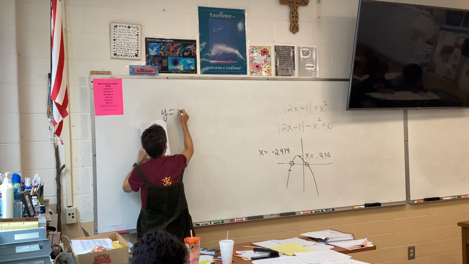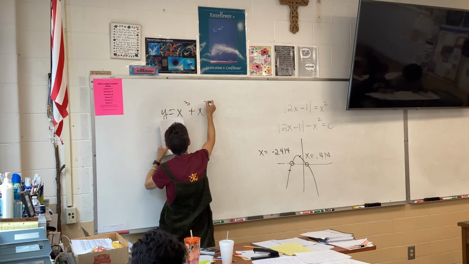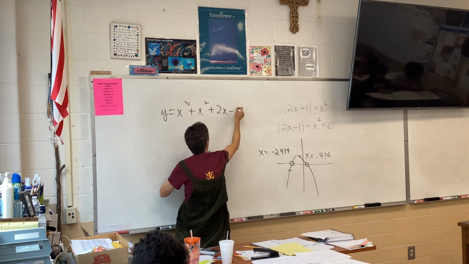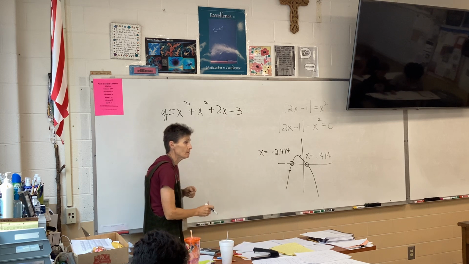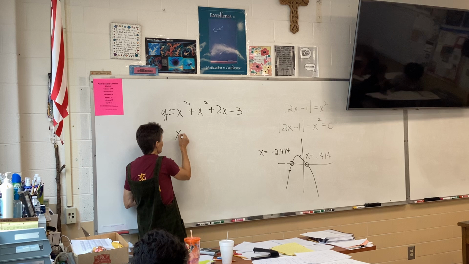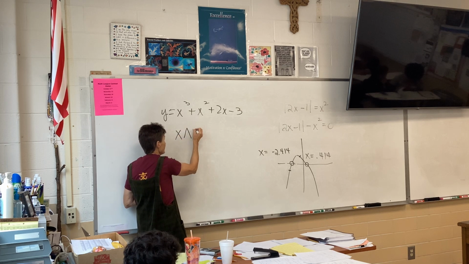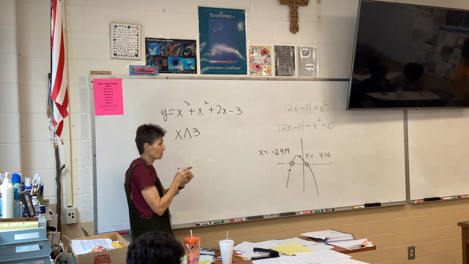This one is x cubed plus x squared plus 2x minus 3. So this is a cubic equation. To get a cube in, press your x and then use your little caret key. That will raise it to the third.